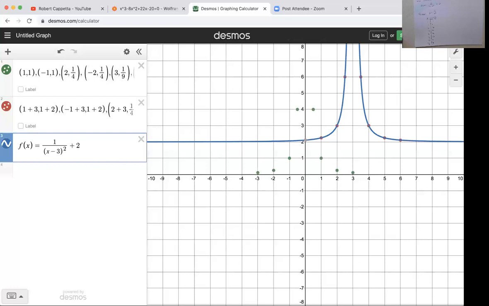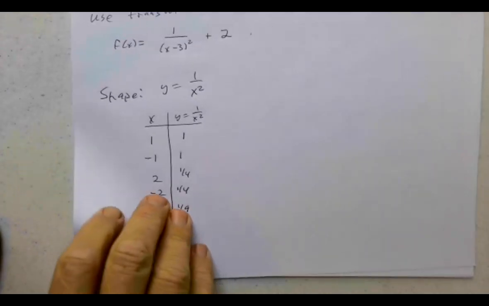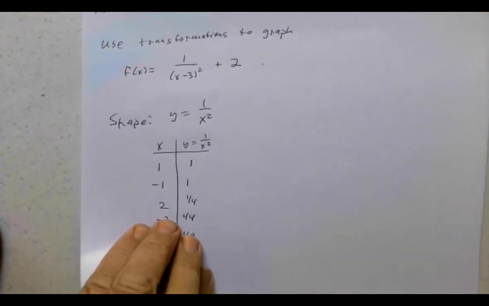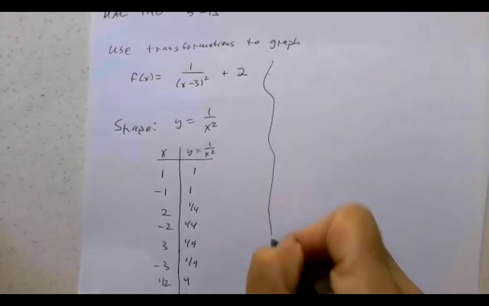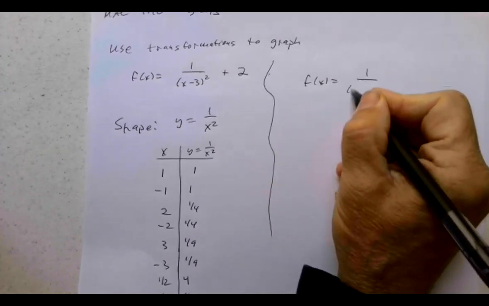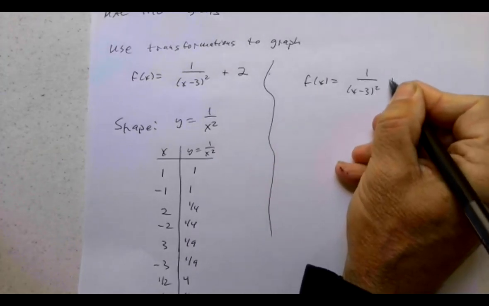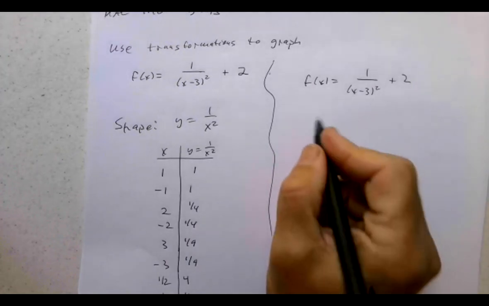So in terms of domain, what point do we have to stay away from? What point is never on the graph? What x value doesn't show up on the graph? Well, remember, to do domain, the bottom cannot be 0. So I have f of x is 1 over x minus 3 squared plus 2. The bottom cannot be 0. You cannot divide by 0.